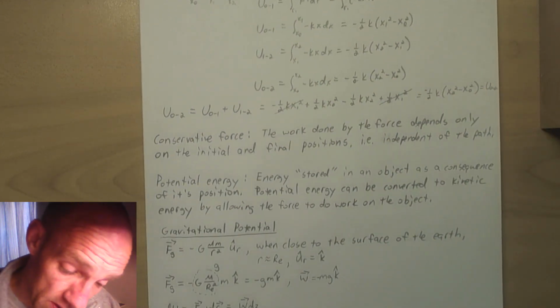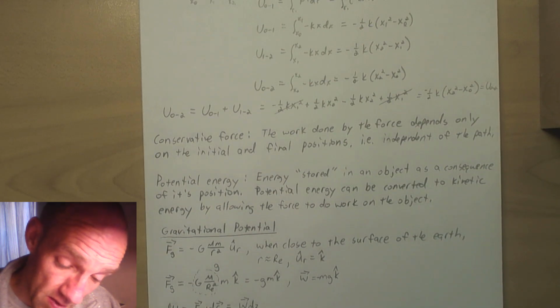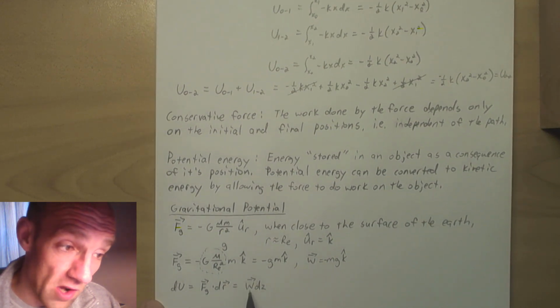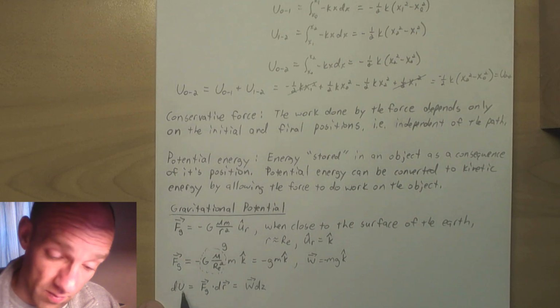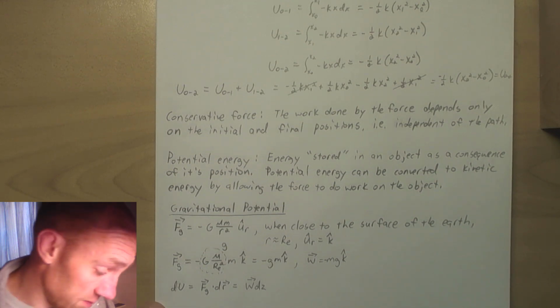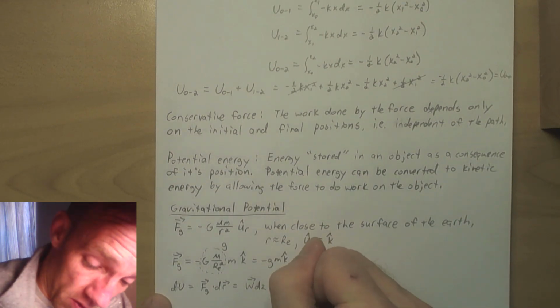So the work done is a function only of z. The weight is going to be constant, and so the change in elevation is the only thing that plays into the amount of work done.